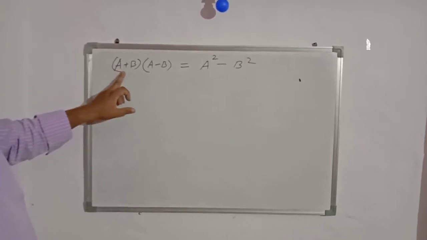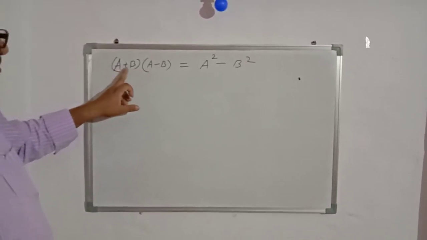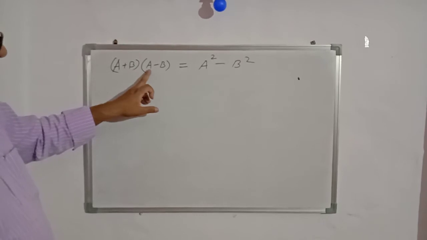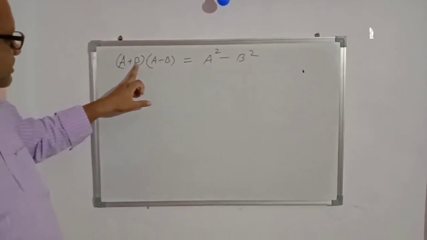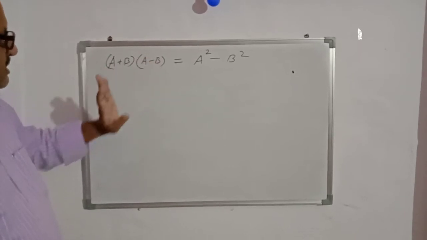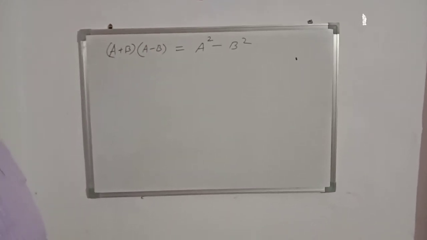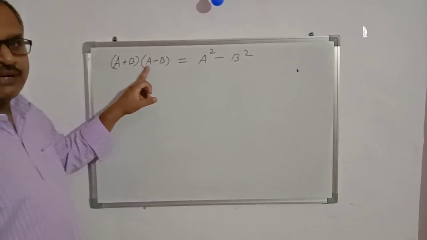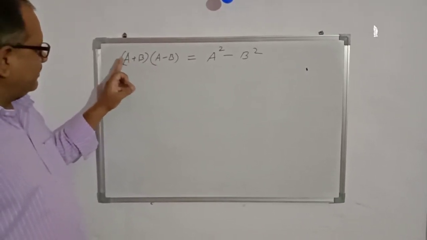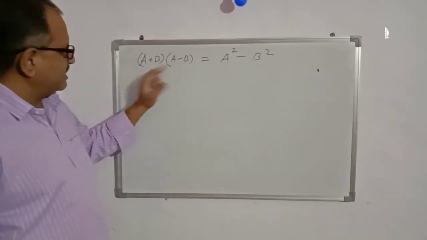We see that in both the brackets, both the terms are the same. a is in the first bracket and a is in the second bracket; b is in the first bracket, b is also present in the second bracket. But what is the sign of the first term in both the brackets? The sign of a is plus here, the sign of a is plus here.